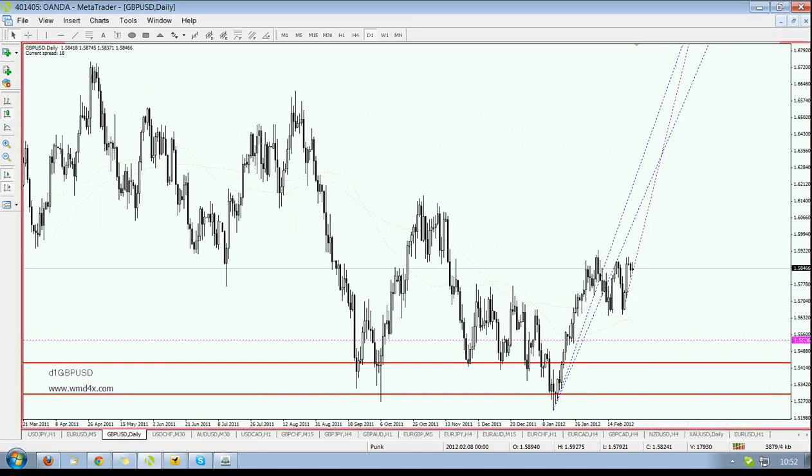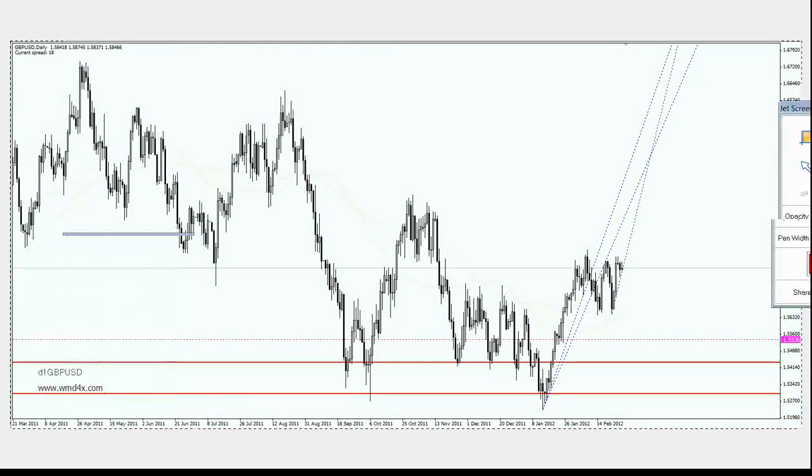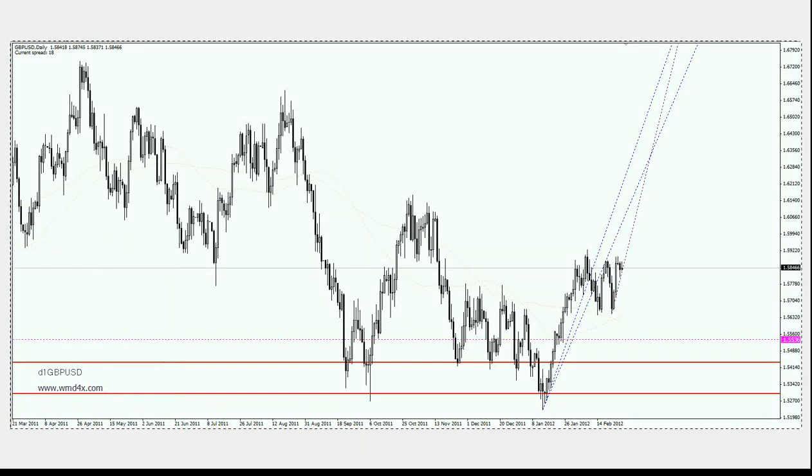So if we start here, let's start from the double bottom, I suppose, right? But as the price was moving up here, I would mark the consolidation areas, right? So we can see the first consolidation area that we had was here.